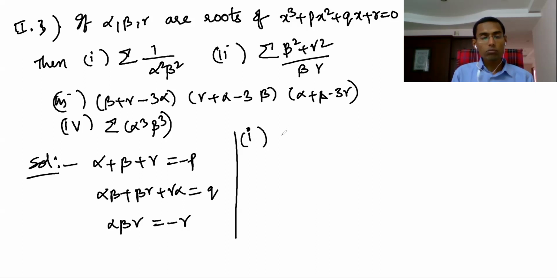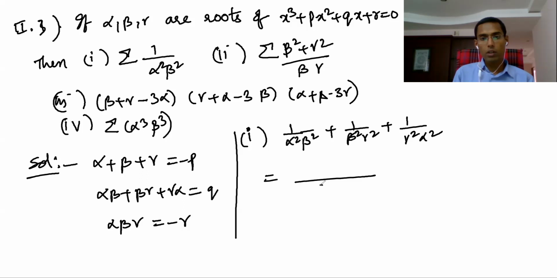Here, if I take 1 by alpha square beta square plus 1 by beta square gamma square plus 1 by gamma square alpha square, and take the LCM, the LCM is alpha square beta square gamma square. In the numerator we get gamma square, alpha square, beta square.